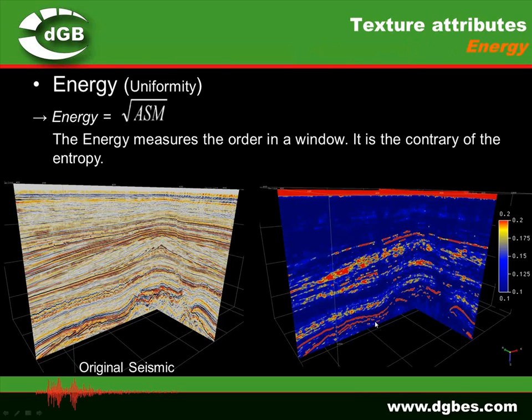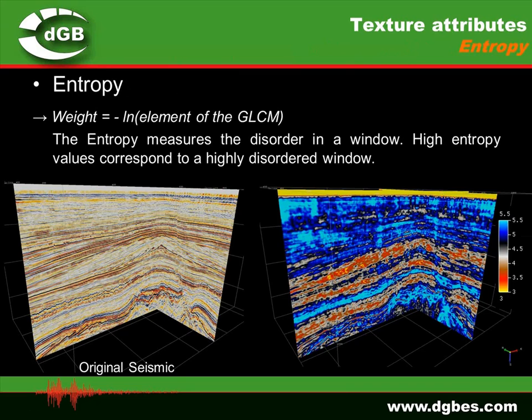And finally, the entropy. As the energy was measuring the order, the entropy is measuring the disorder in the window. So when you have a high value of entropy, it means that it's a highly disordered window. So in yellow is low and blue is high.